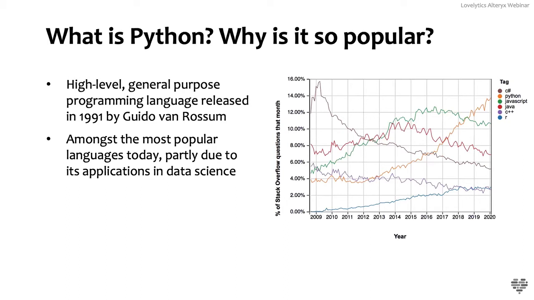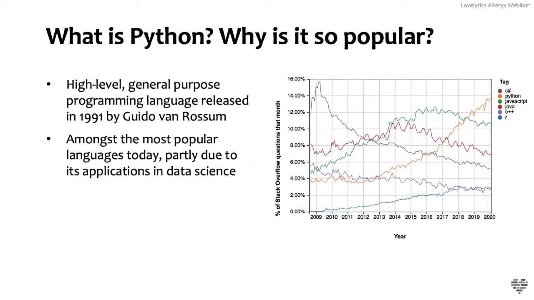And if you look at the chart on the right, we can see the number of Stack Overflow questions in a particular month, which is a really good reflection, I think, of people's interests in the language, as well as how big the community is at different points in time. If you look over here, Python originally started in 2009 with just under 4%, but it has more than tripled its proportion of posts within a 10-year period.